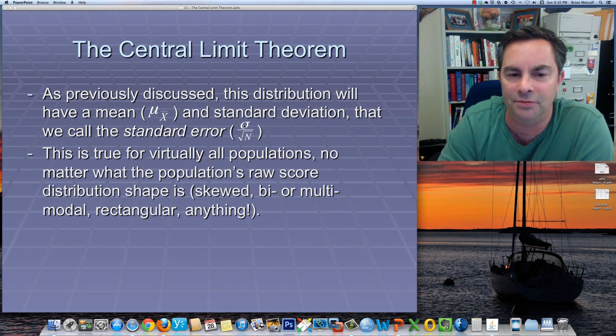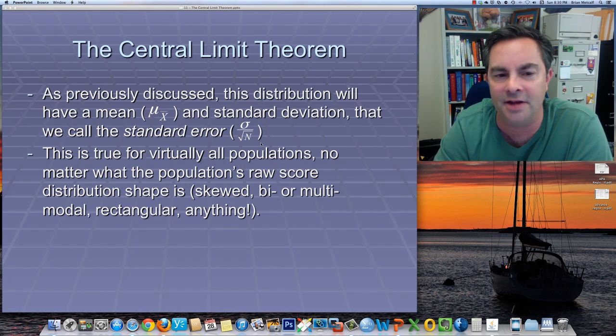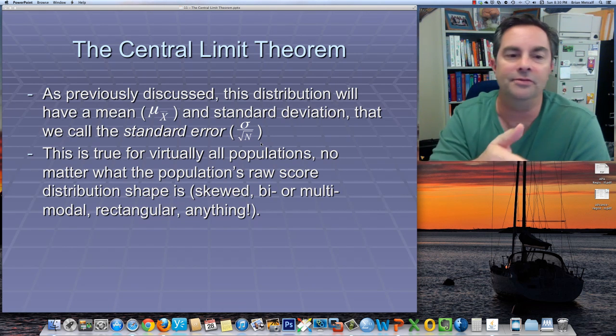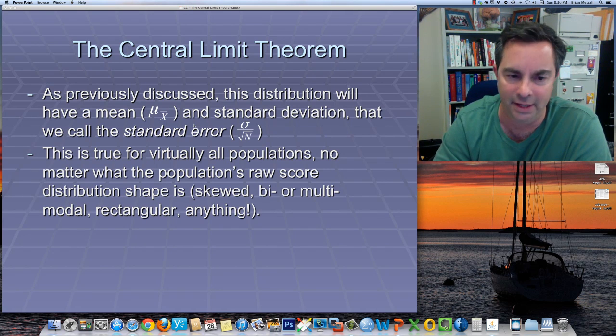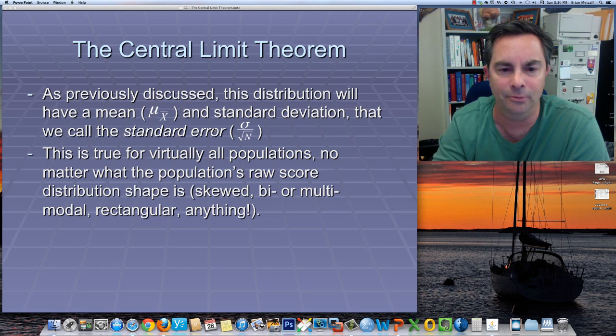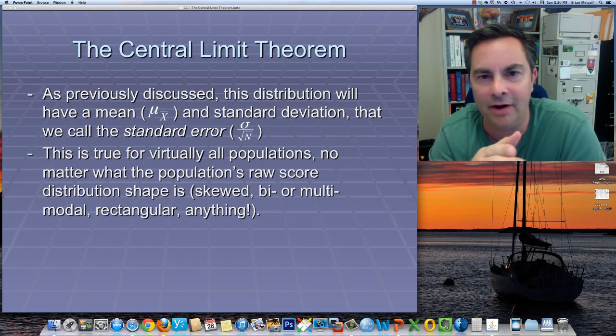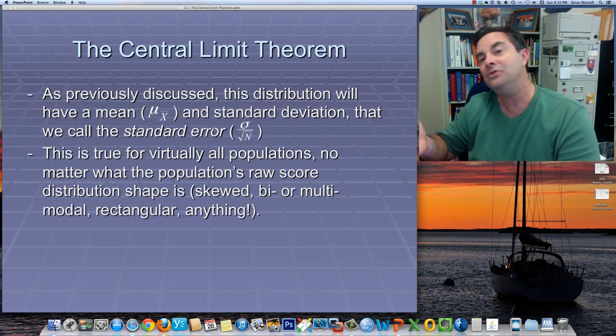So the population standard deviation divided by the square root of the sample size you're using is a really good estimate of the real, honest standard error of the mean, which means that we don't have to go out and get it.